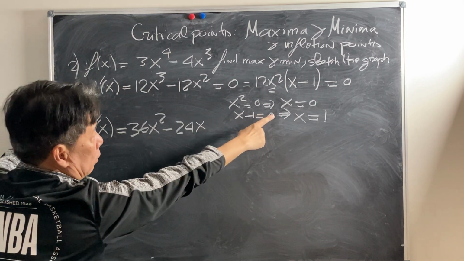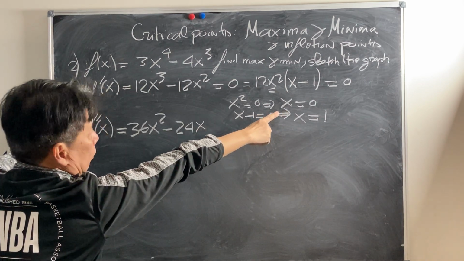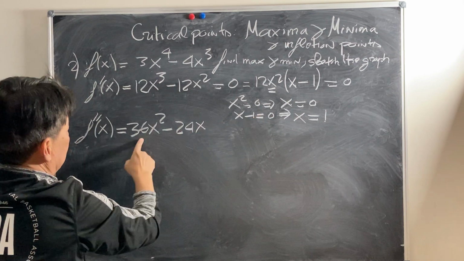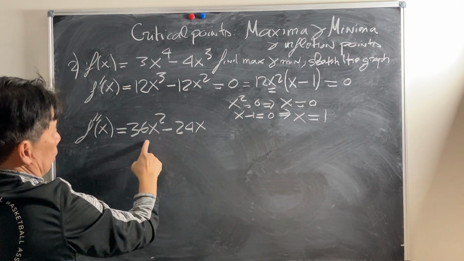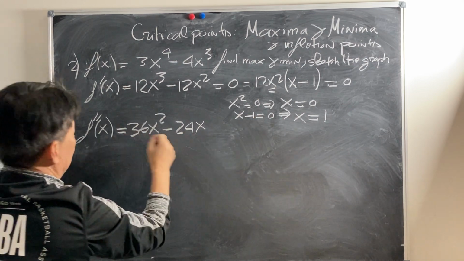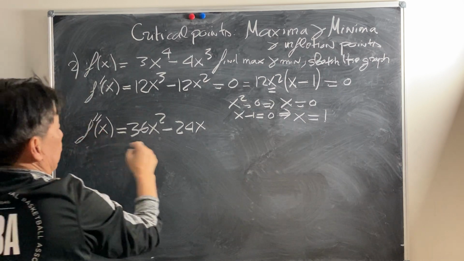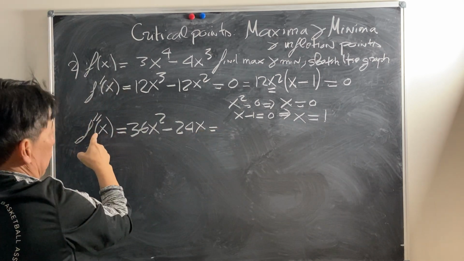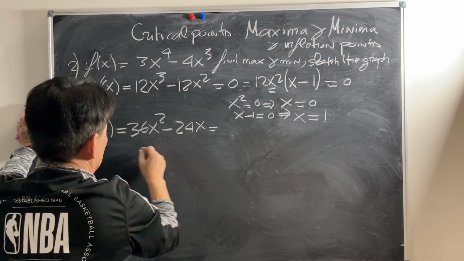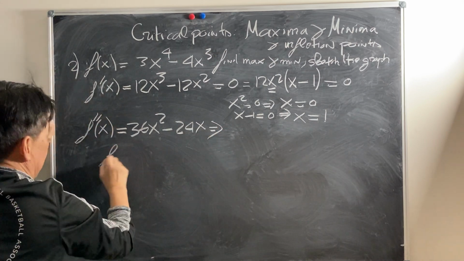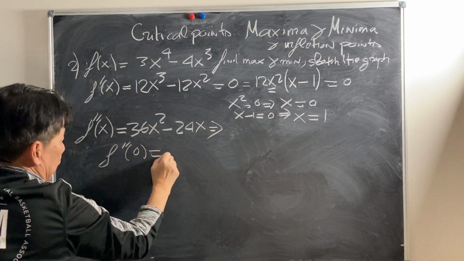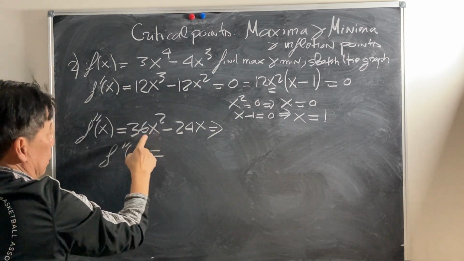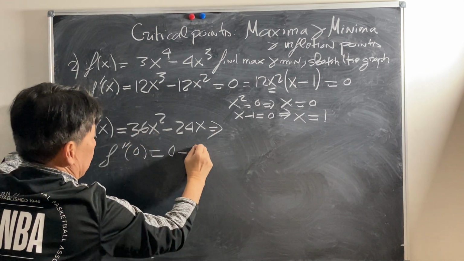Okay, and you replace the value x equals 0 here. Let's substitute 0: 36 times 0 is 0, 0 minus 0 equals 0.